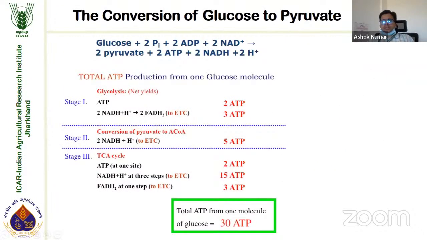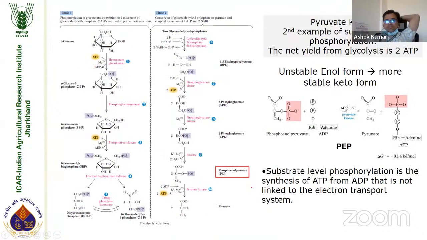If you see this glucose to pyruvate conversion in glycolysis, how much ATP do you have? In the first stage, 2 ATP are consumed.